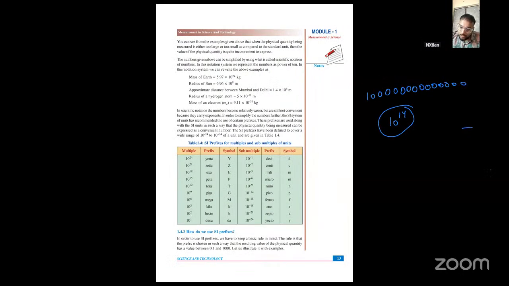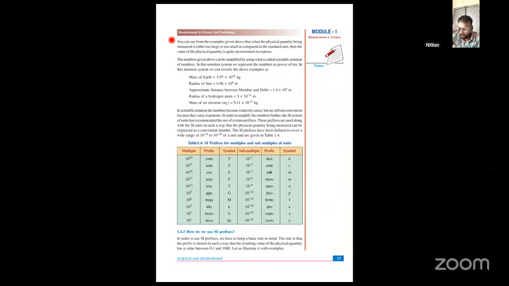Can you read this, Ira? You can see from the example given above that when the physical quantity being measured is either too large or too small when converted to the standard unit, then the value of the physical quantity is quite inconvenient to express. The number given above can be simplified by using what is called scientific notation of numbers.